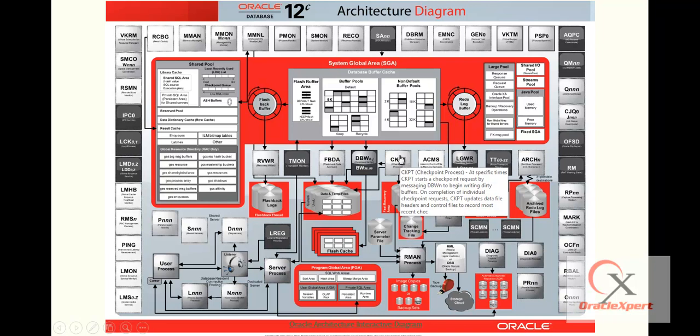You have ACMS, which is Atomic Control File to Memory Service. It coordinates consistent updates to a control file resource with its SGA counterpart on all instances in an Oracle Real Application Cluster environment.